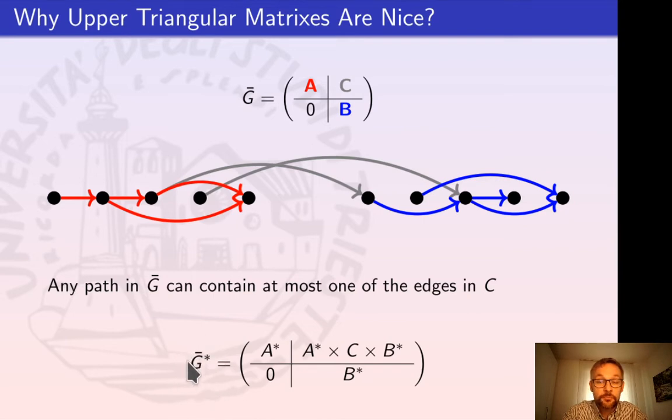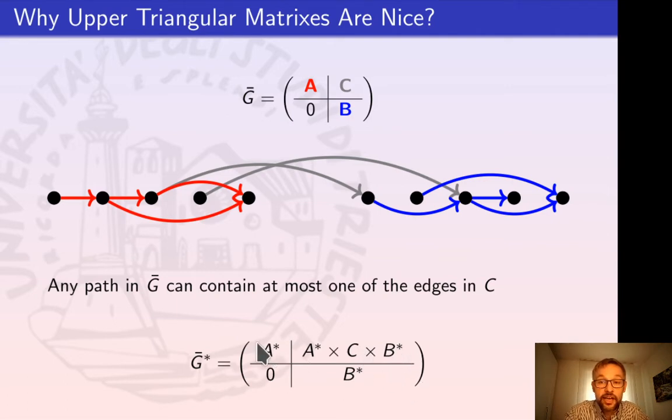We can simply compute the star of the submatrix A, the star of the submatrix B, and then once we have these two submatrices, we can apply star of the submatrix A multiplied by C multiplied by the star of the submatrix B.